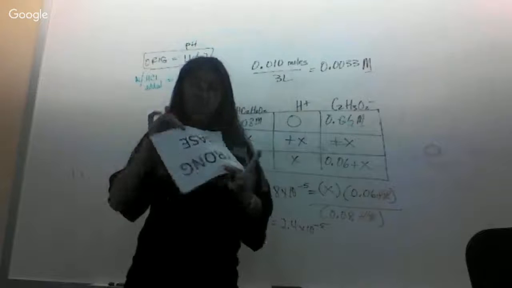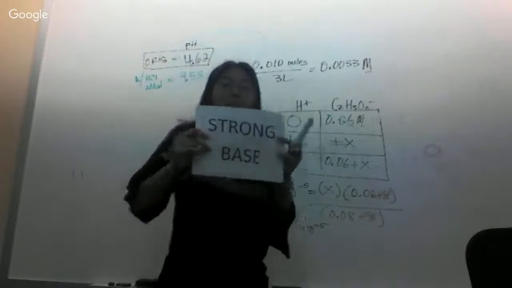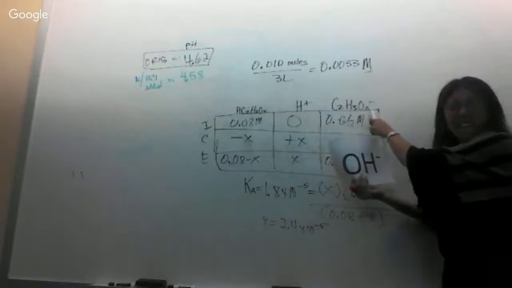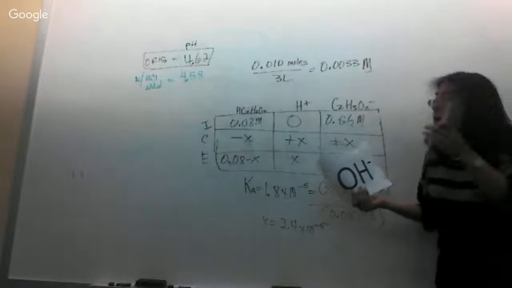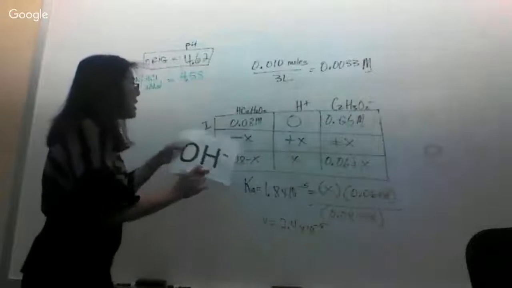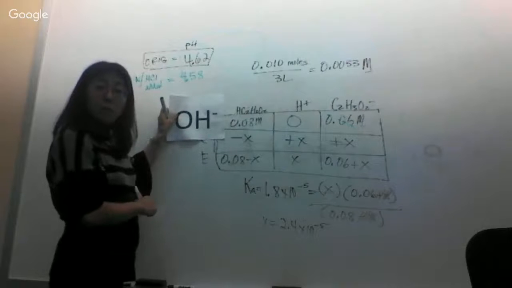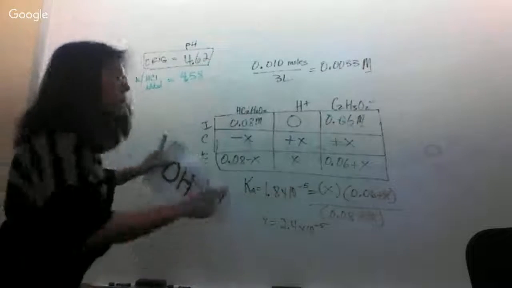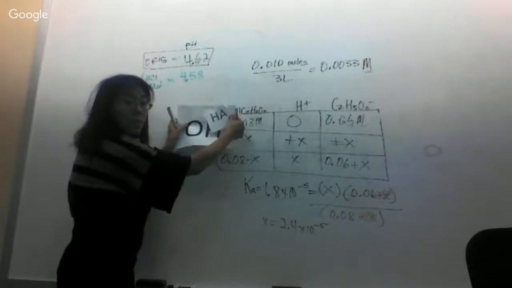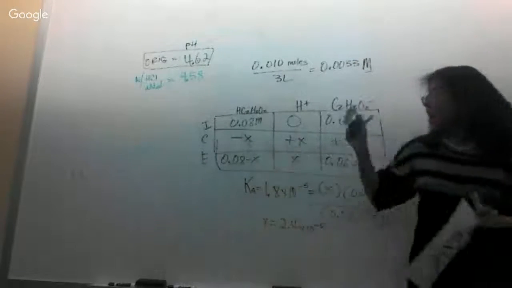Strong base. So what's going to happen if I add strong base? Am I going to react OH minus with A minus? That doesn't make sense, right? So minus to minus isn't going to work. Okay, what about an H? An H would react with that OH minus, wouldn't it? So the HA would react with the OH minus, and this would flip over and go to this side.